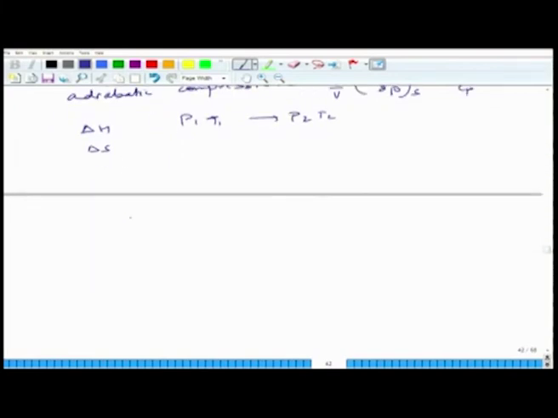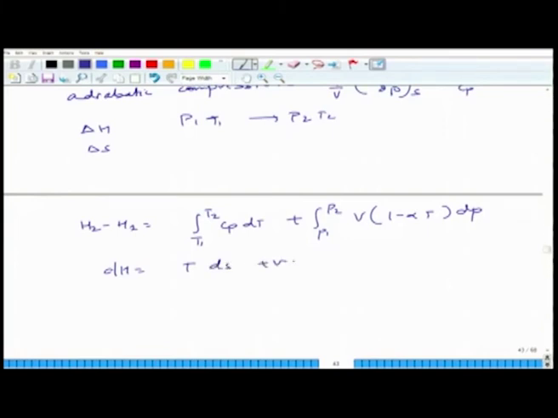For example, for delta H, H2 minus H1 is the integral from T1 to T2 of Cp dT plus the integral from P1 to P2 of V minus alpha T V dP. It is very easy to derive with a path-based calculation, starting from dH equal to T dS plus V dP, and from here you do the next few steps to get to this expression.